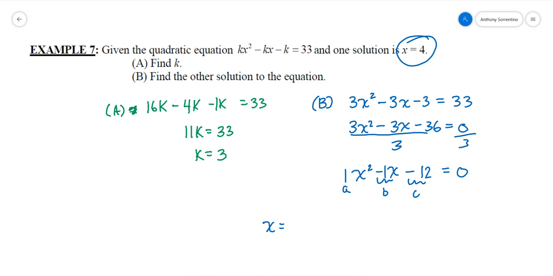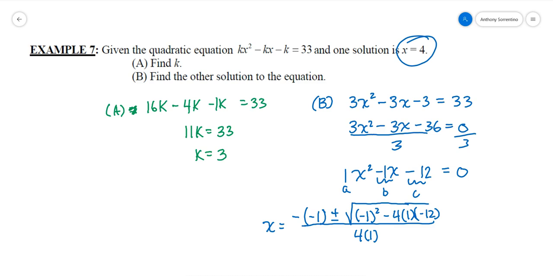So I'm going to have negative b, which is -1, plus or minus the square root of b squared, which is -1 squared, minus 4 times 1 times -12, all over 4 times 1.